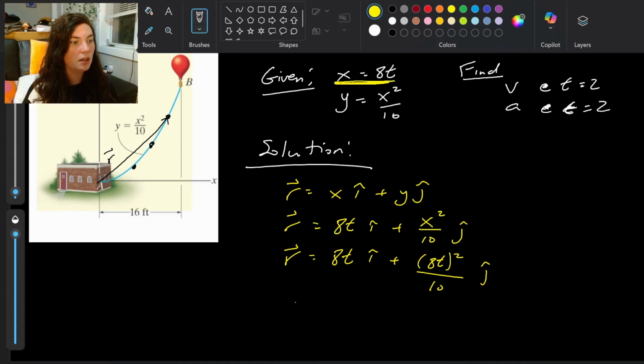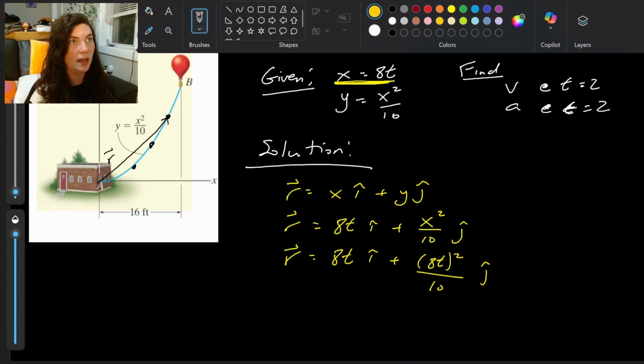But our position isn't something that we really care about right now. It didn't ask us to find a position at a given time. We're only interested in that velocity and acceleration. And again, our velocity is going to be a derivative of that position function with respect to time.